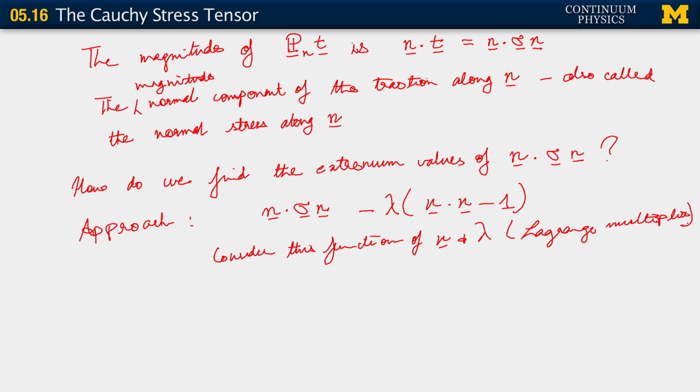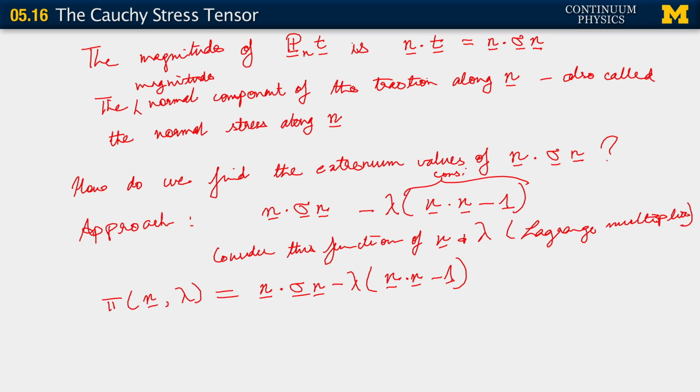Let's write it as pi. It depends upon a direction n and the Lagrange multiplier lambda, and it is n dot sigma n minus lambda times n dot n minus 1. The idea here is that this is the constraint, which imposes a constraint on the magnitude of n.